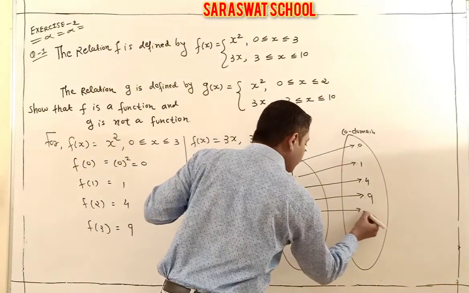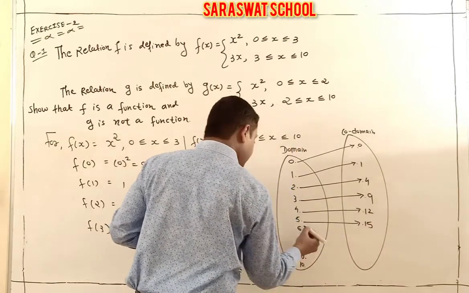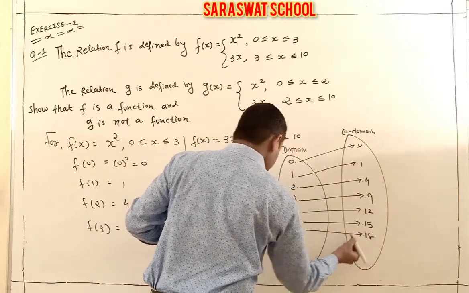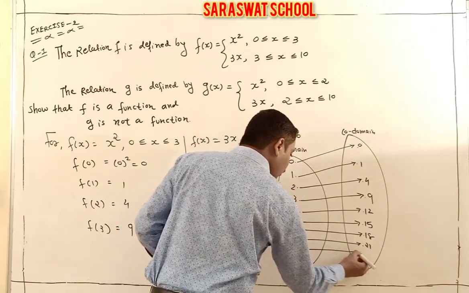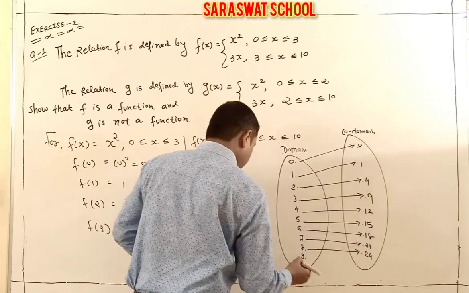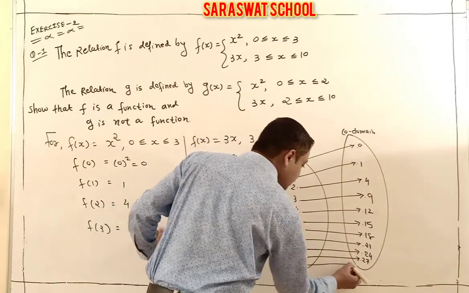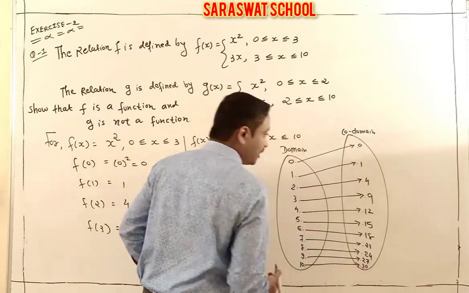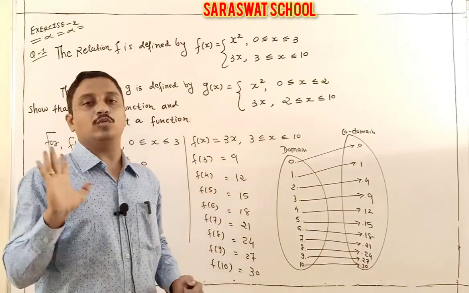Again repeat that: 4 then 12, 5 then 15, 6 then 18, 7 then 21, 8 then 24, 9 then 27, and last 10 then 30. And these all are uniquely associated with the codomain.